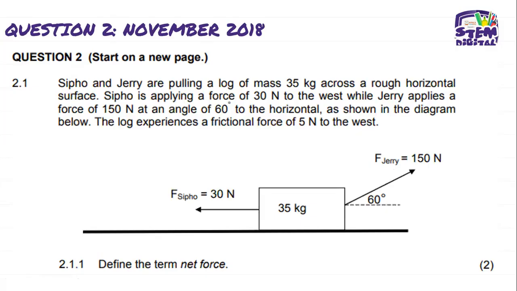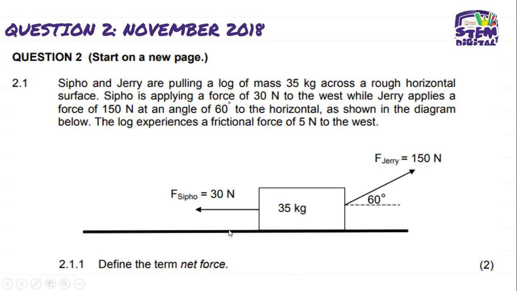In other words, to determine my net force, I'm only going to look at the frictional force of 5 newtons west, the force that SIPO is applying west, and the horizontal component of Jerry's force, because I'm only interested in the horizontal forces. I will do the vector sum of all these forces acting horizontally, and that will give me the net force. I won't look at the forces acting vertically because they already give me a net force of 0.